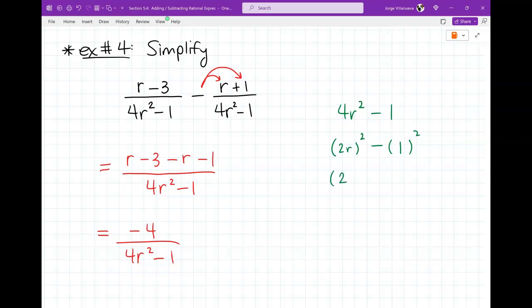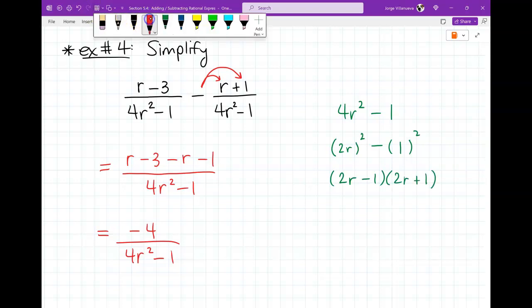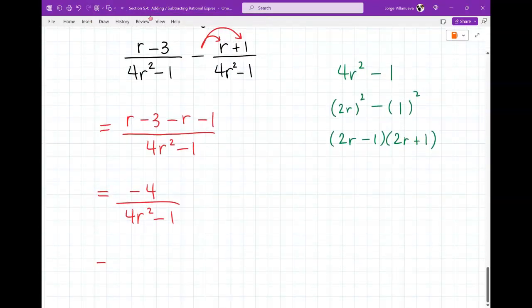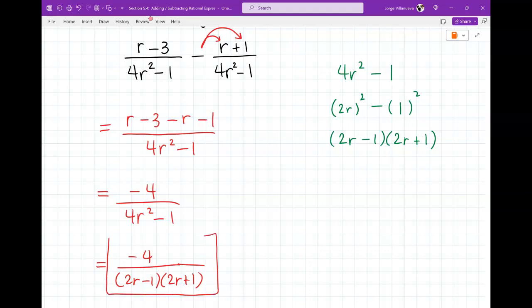So that is going to be a 2r minus 1, 2r plus 1. So that's how it factors. So let me just write that out here. Negative 4 over 2r minus 1, 2r plus 1. And at that point, I can't cancel anything, so I'm just going to put a box around there, and I'm done.